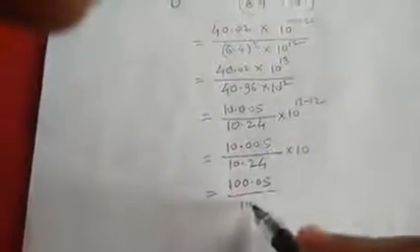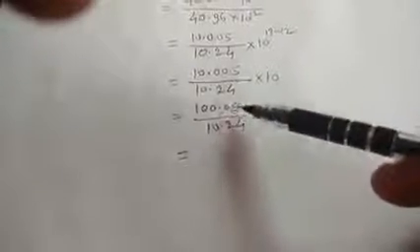So it is 100.05 upon 10.24. And if you try to find this division, we can remove the decimal point by multiplying 100 to both numerator and denominator. So it becomes 10,005 upon 1024. Find out this division.